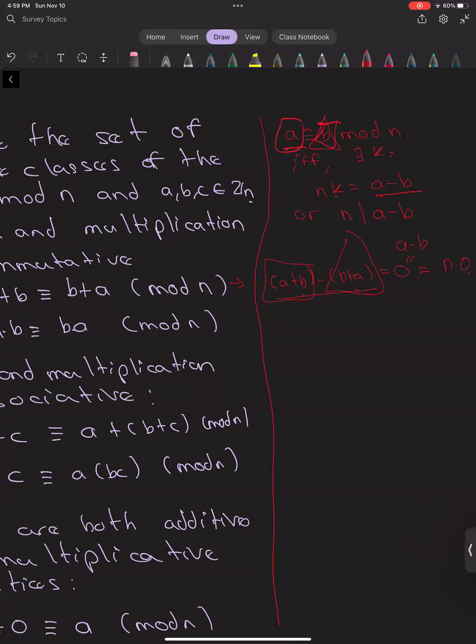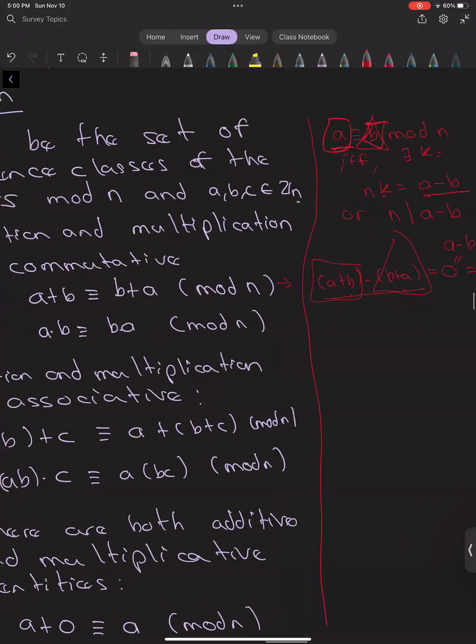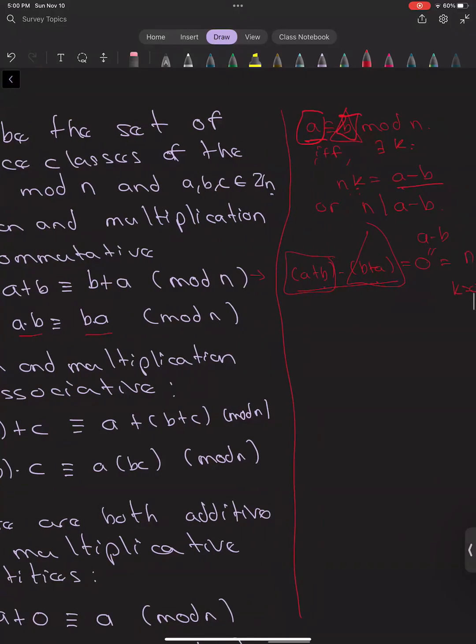So that's my k. k equals 0. I wonder if k can be 0. Well, let's do another one. So this one will be the same thing. ab minus ba equals 0, right?